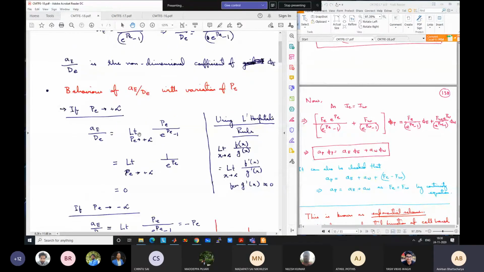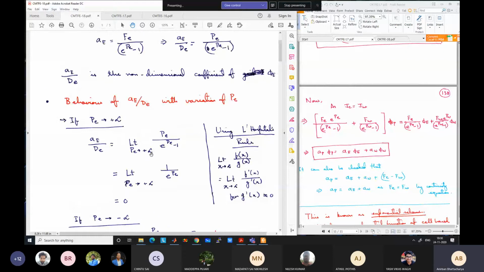by taking the limit that the Peclet number tends to infinity, because if you don't take the limit, you will see that numerator and denominator both are approaching infinity. To find the actual value at infinity, we have to take the limit.